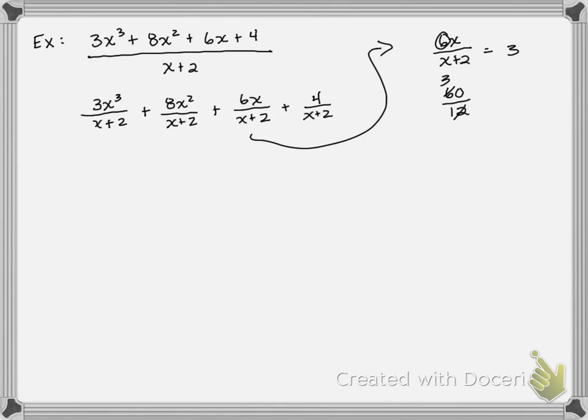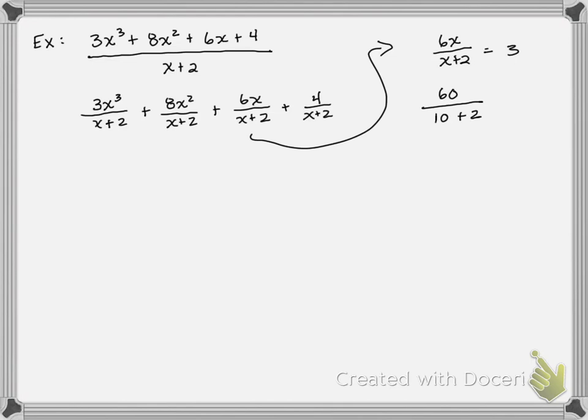Because when we have more than one term, that's just saying we have multiple place values. So what this is really like is if I were to write this as 60 over 10 plus 2, right?